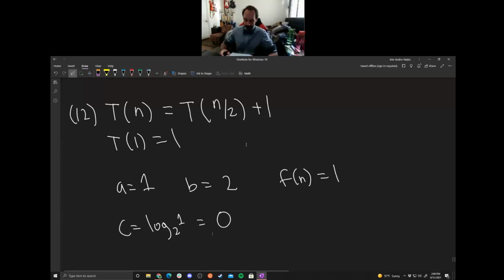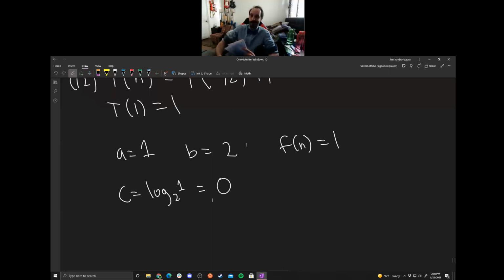So f of n does equal theta of n to the power c. Well, n to the power c is n to the power 0, or 1. f of n does equal theta of 1, or constant, so case 2 applies. This problem matches with case 2 of the Master Theorem.